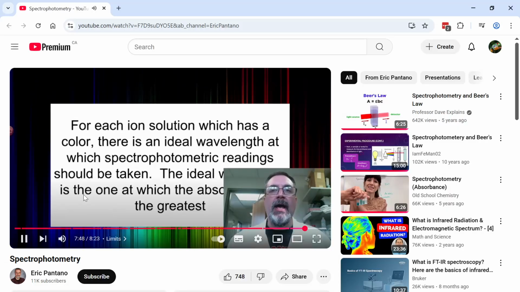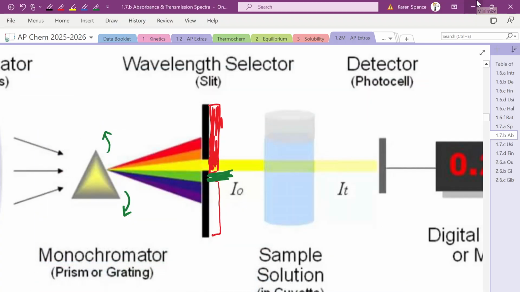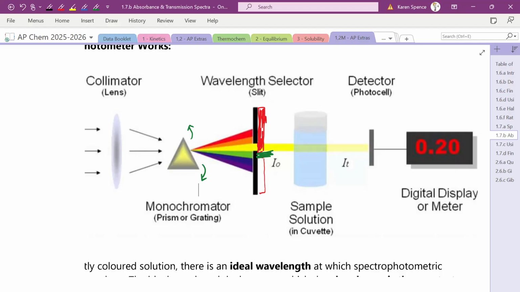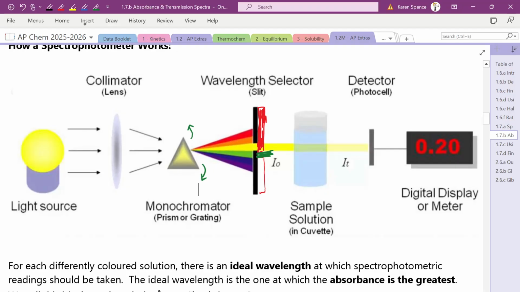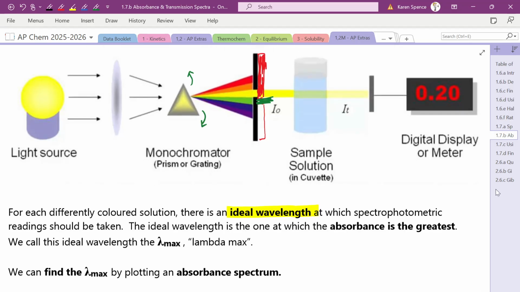And we're just going to pause right there, because we are going to talk about the ideal wavelength. Okay, so we have this ideal wavelength at which the sample absorbs color. And that is going to be the wavelength at which the absorbance is the greatest.